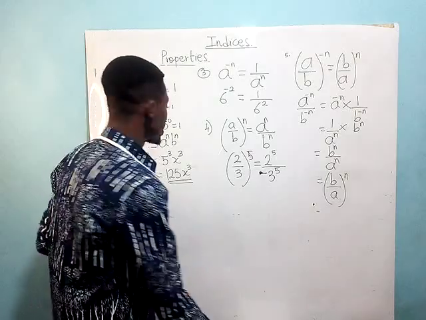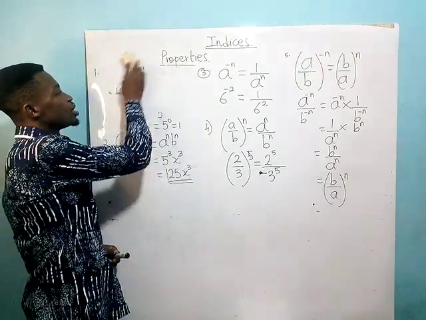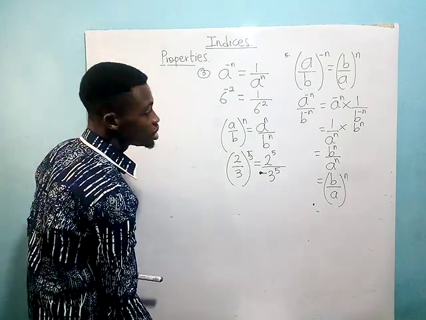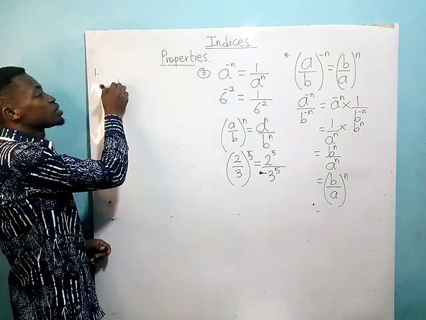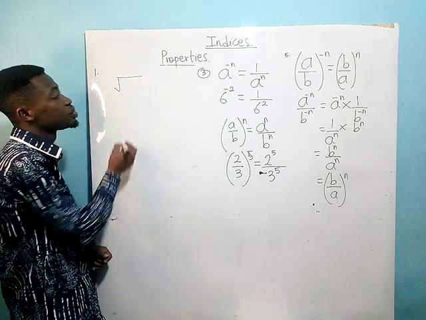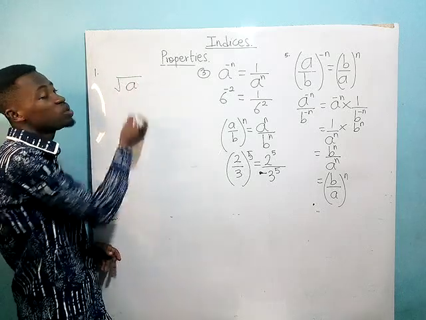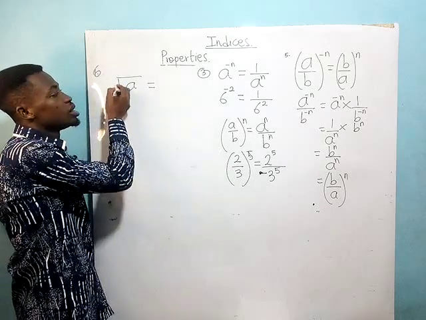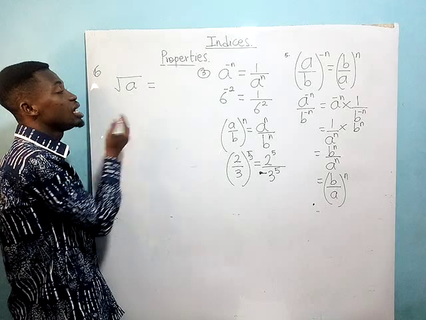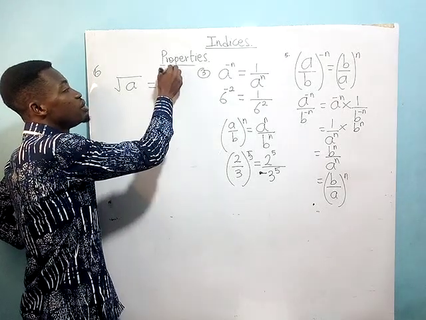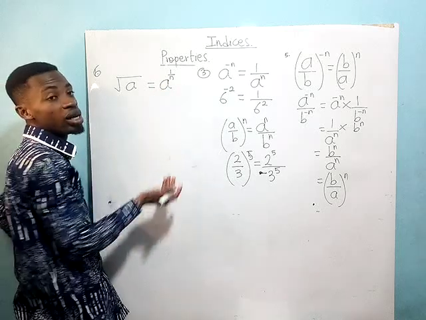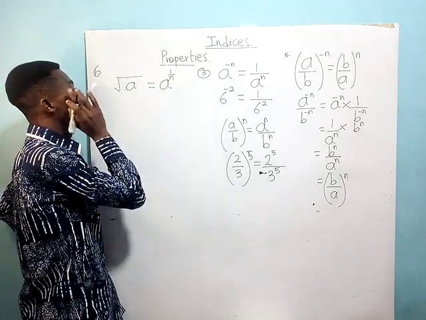Now let's pick our sixth property. So for our sixth property, it involves square root. So we have square root of a. Understand that the square root of any number is the same as the number raised to the power 1 on n.